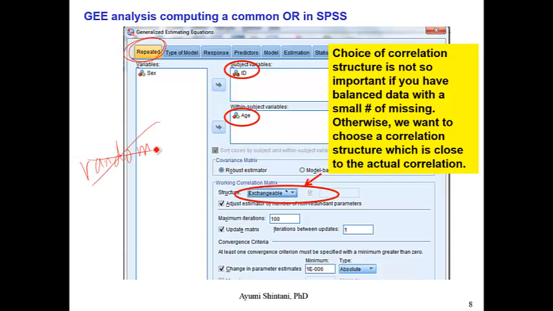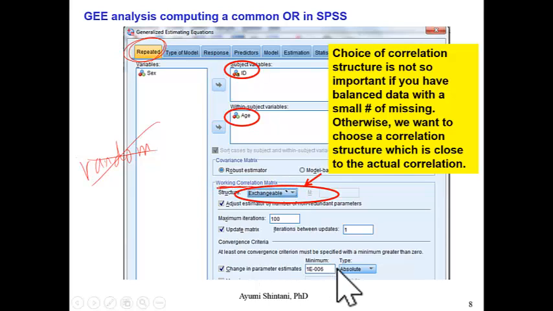Although it has a correlation structure type, so this part is similar to the first screen we saw in the mixed effect model, asking what type of covariance structure you want to use. Here, mixed effect model has covariance type, but GEE has working correlation matrix. It's basically the same thing.